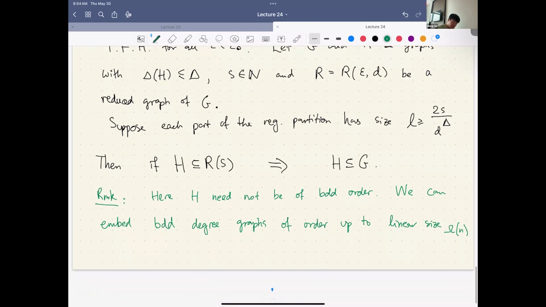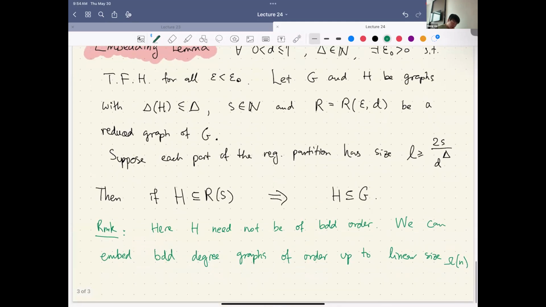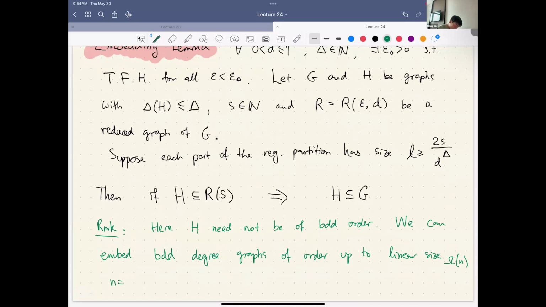So to see this, let's look at this parameter. We have n is the host graph, the number of vertices, right? Which equals more or less, if you pretend V0 is empty, you have R parts in the partition. Each part is of size L, right?